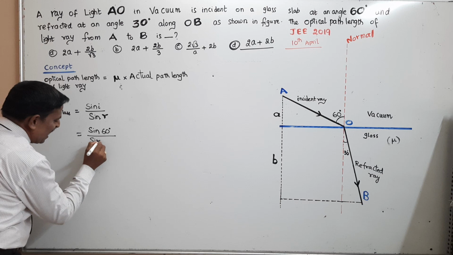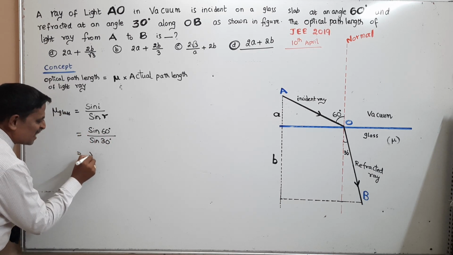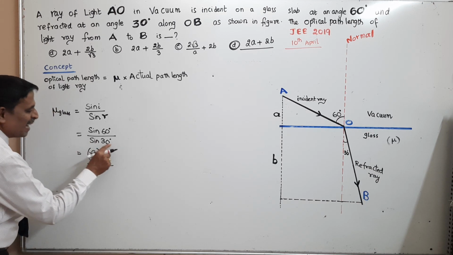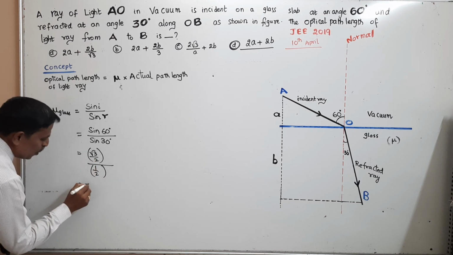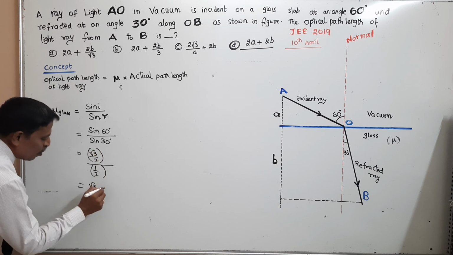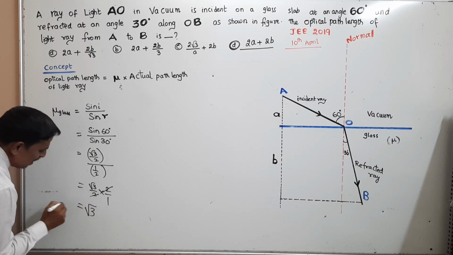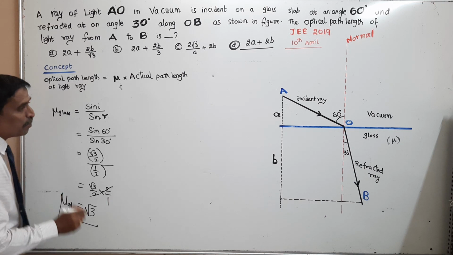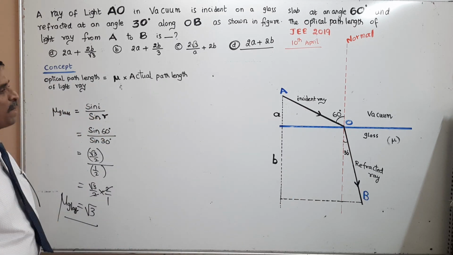Sin 60 degrees is root 3 by 2, divided by sin 30, which is 1 by 2. That is root 3 by 2 into 2 by 1, the 2s cancel. Root 3, this is the refractive index of the glass medium.